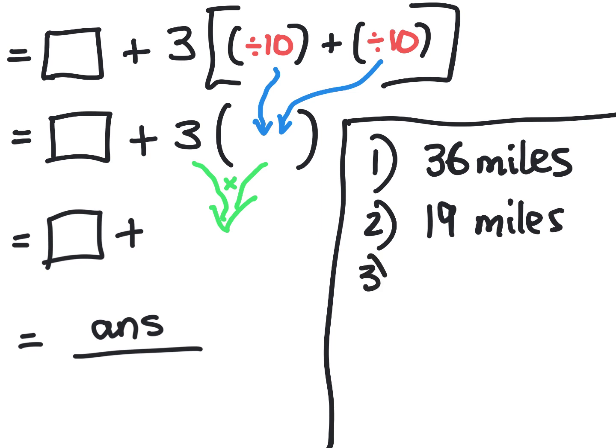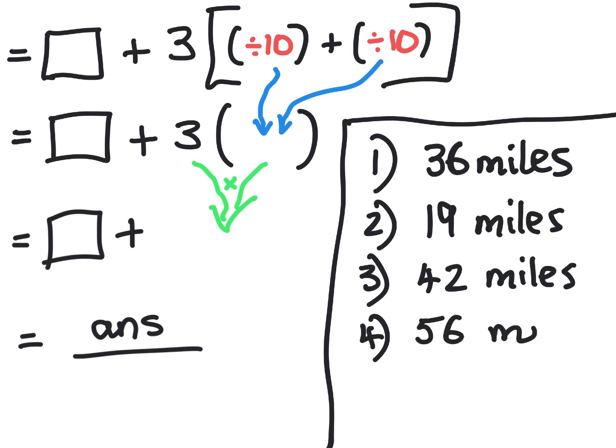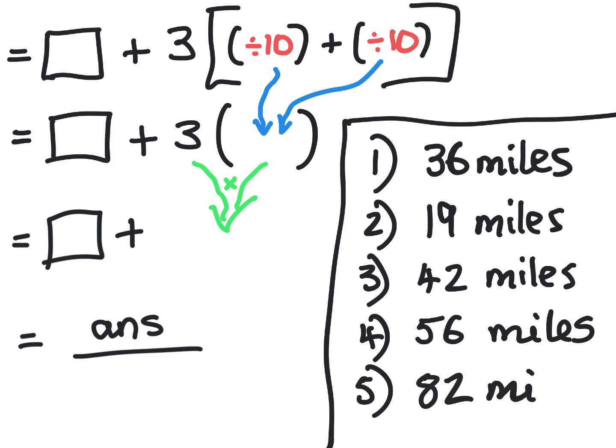Number 3, 42 miles. Number 4, 56 miles. Number 5, 82 miles. Okay, so do those.